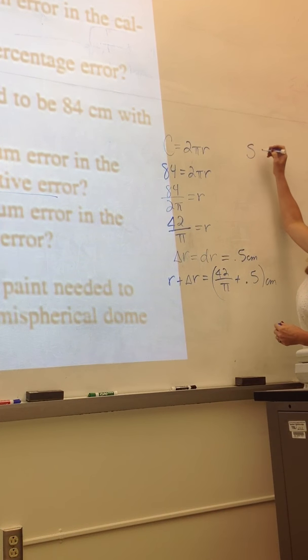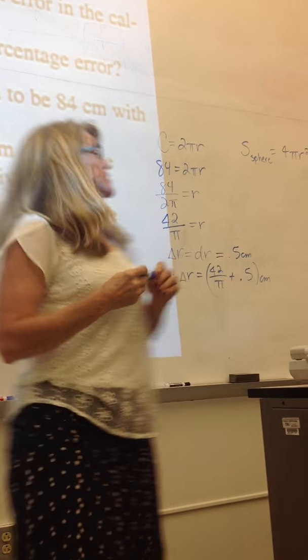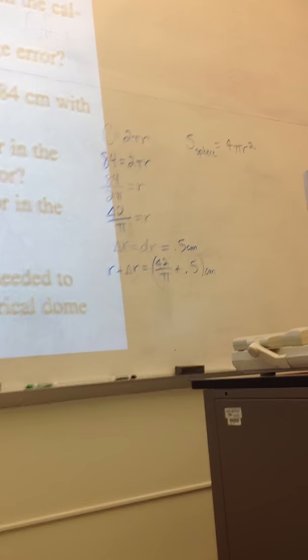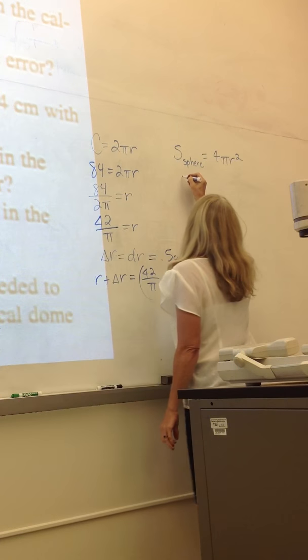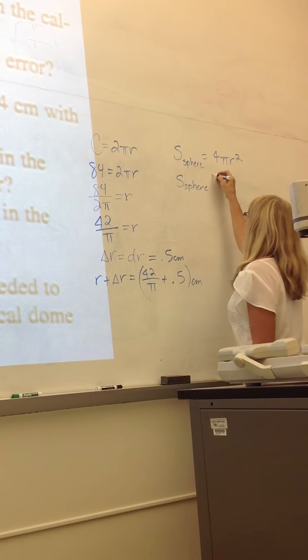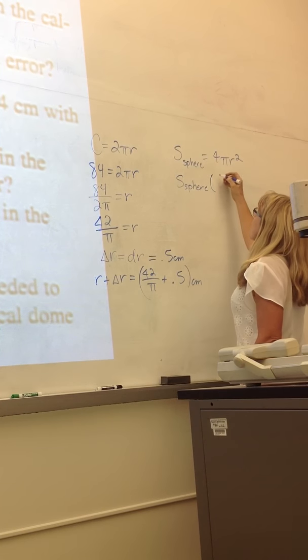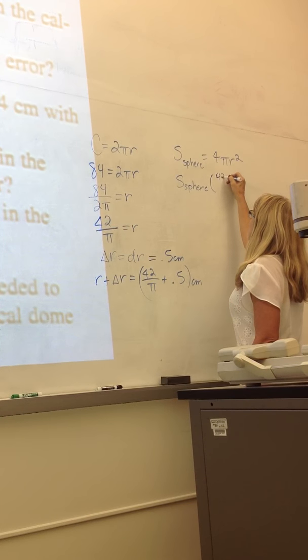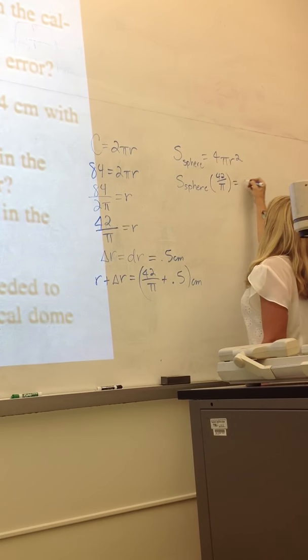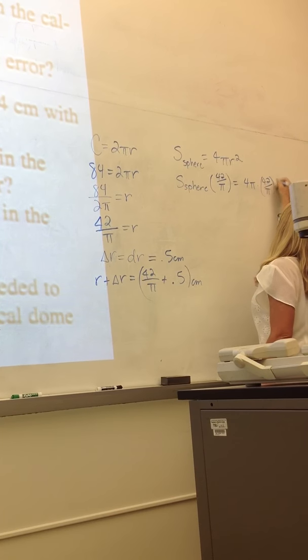Okay, so surface area of a sphere is 4 pi r squared, is the formula for the surface area of a sphere. So surface area of the sphere at 42 over pi would be equal to 4 pi times 42 over pi squared.